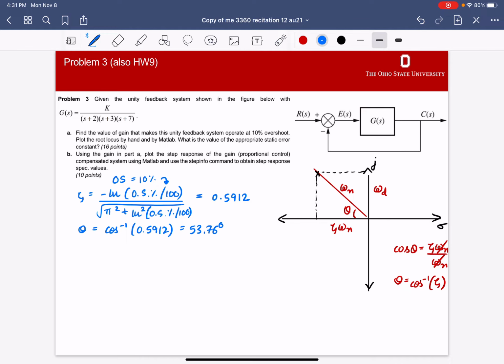Right? So we know this line, and we know what intersection we are looking for. So now let's go ahead and make our root locus plot.